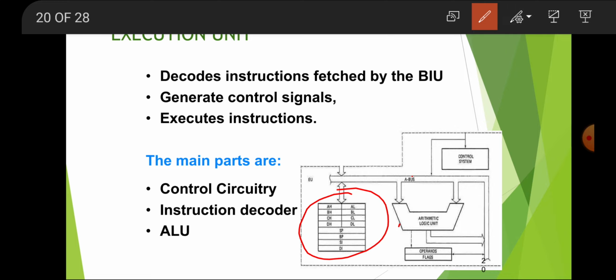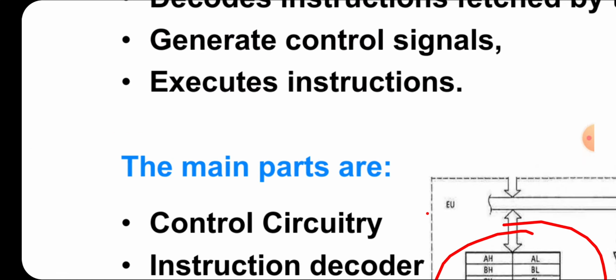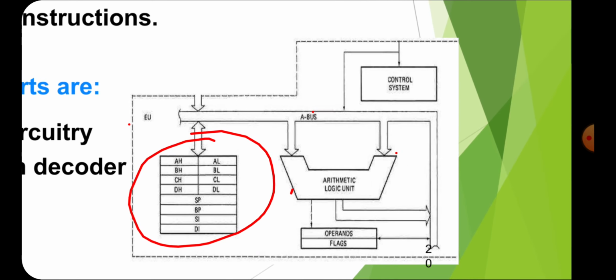I will zoom it out, just a minute. Okay, so what happened? In the upper side there is a control system. Suppose I take the instruction ADD BL, CL, where I want to add two numbers.